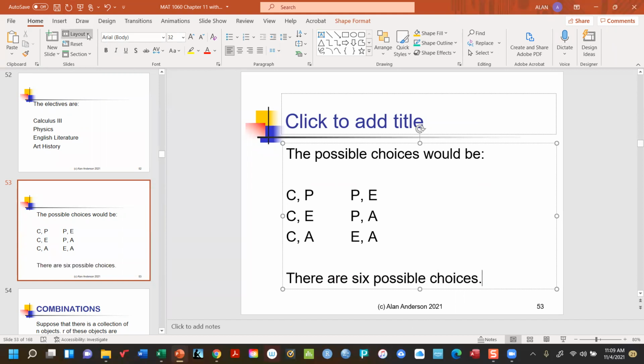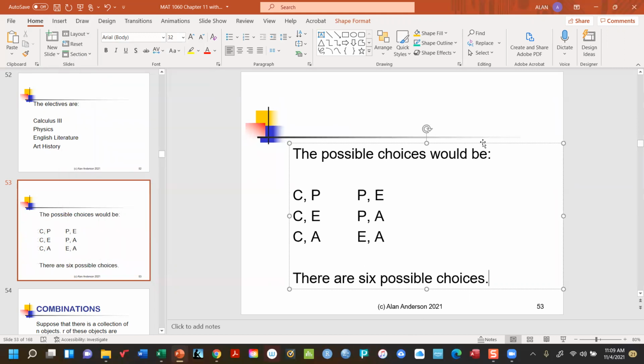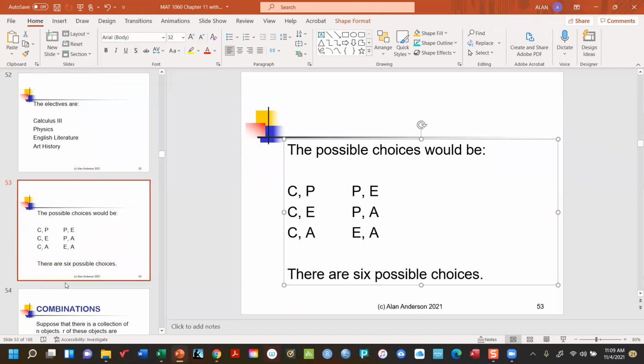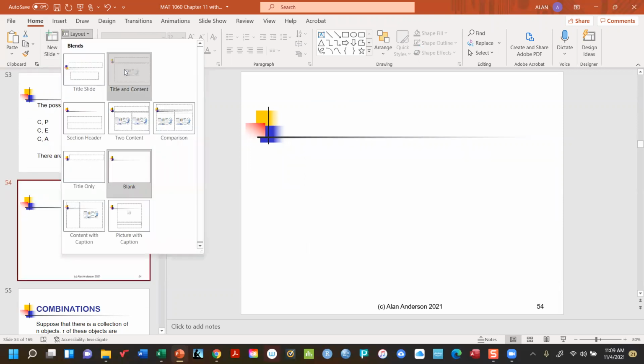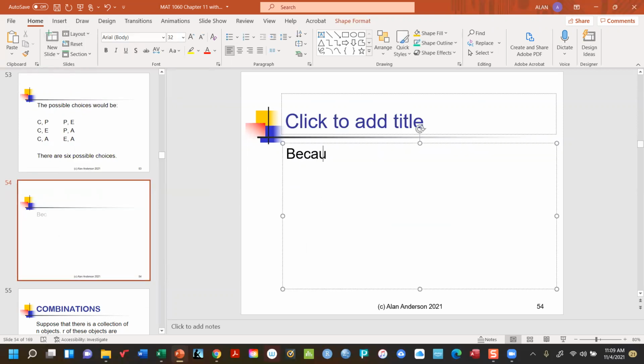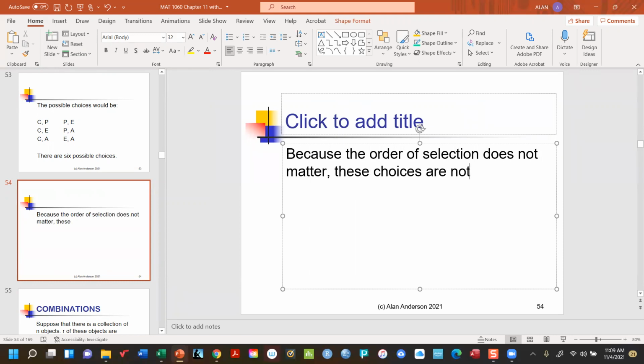Okay, now here's the interesting part. Because the order of selection does not matter, these choices are not permutations.